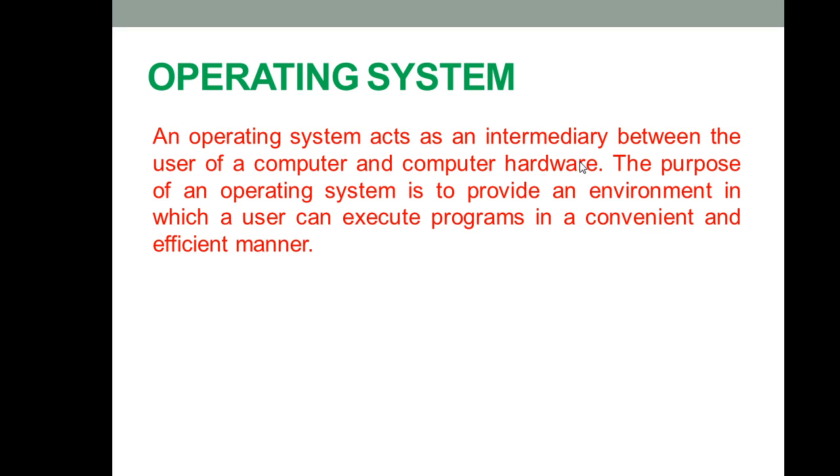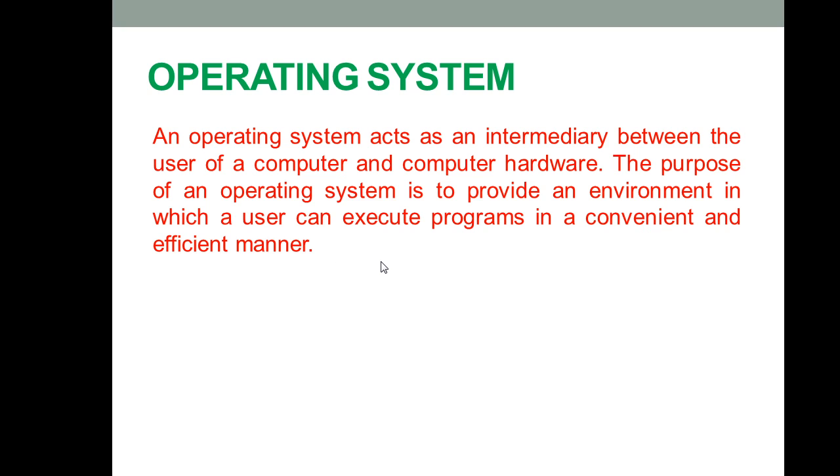It acts as an interface between the user and the hardware. The main purpose of an operating system is to provide an environment in which a user can execute programs in a convenient and efficient manner.